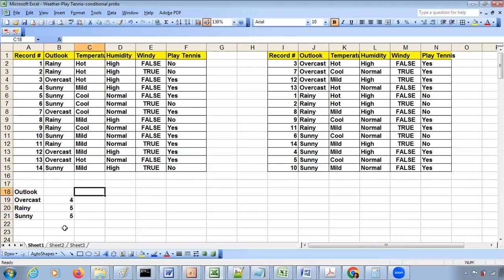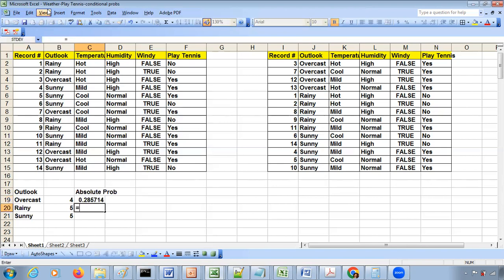So the absolute probabilities are going to be 4 over 14 because there are totally 14 records. Out of the 14 records, 4 have Outlook as overcast. So this is the probability that Outlook equals overcast.